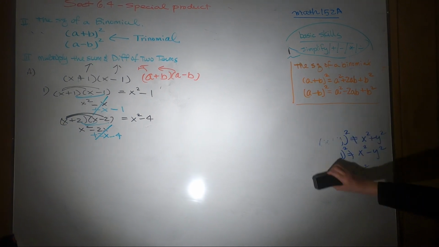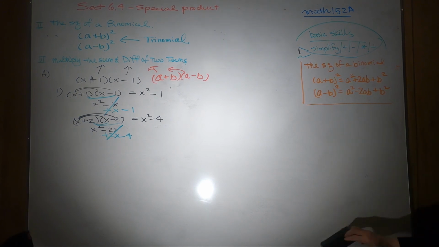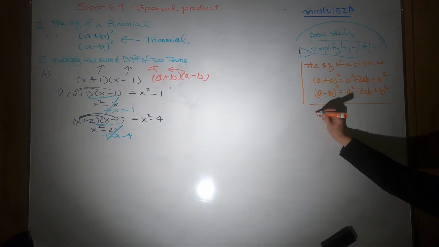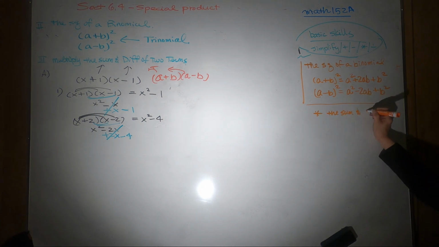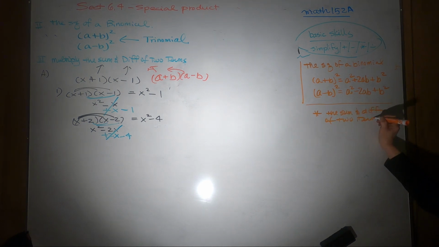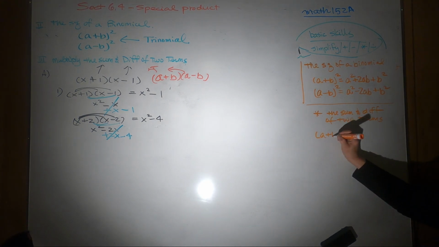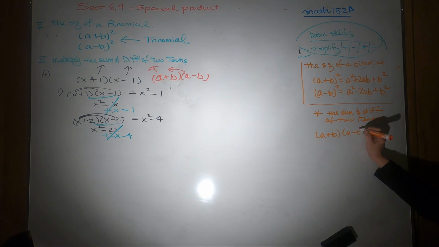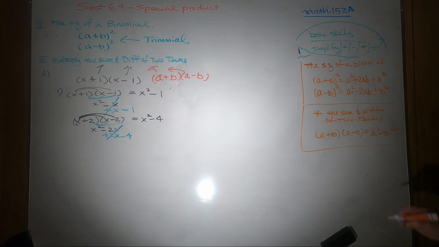So the formula for the multiplication of the sum and difference of two terms will end up as a binomial, right? It means a plus b times a minus b. Your result should be a squared minus b squared.